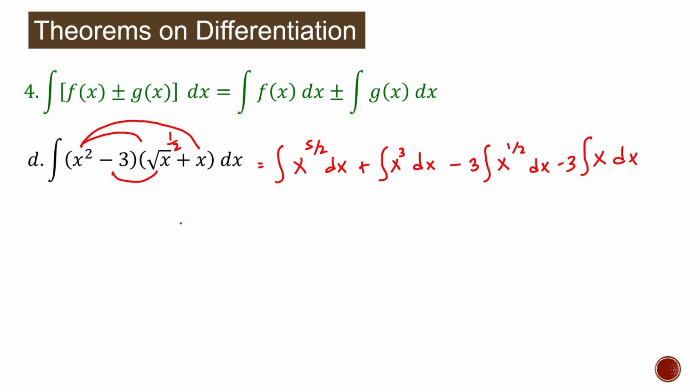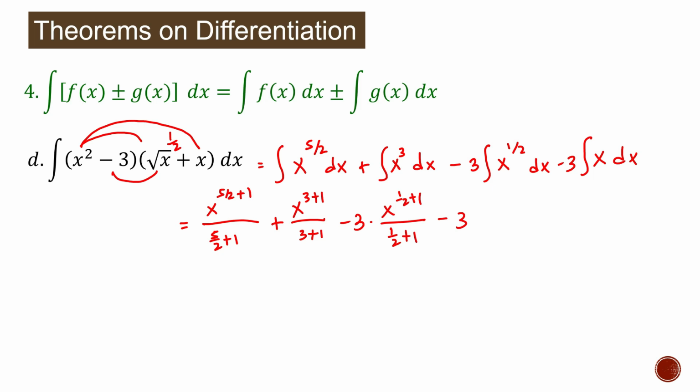So next step here is we will now integrate everything. So this will just be x raised to 5 over 2 plus 1 over 5 over 2 plus 1 plus x raised to 3 plus 1 over 3 plus 1 minus 3 times x raised to 1/2 plus 1 over 1/2 plus 1 minus 3 x raised to 1 plus 1 over 1 plus 1 plus c. Of course, don't forget that.